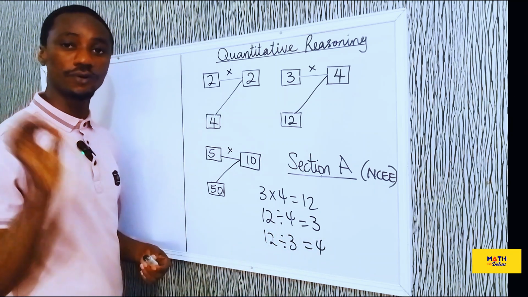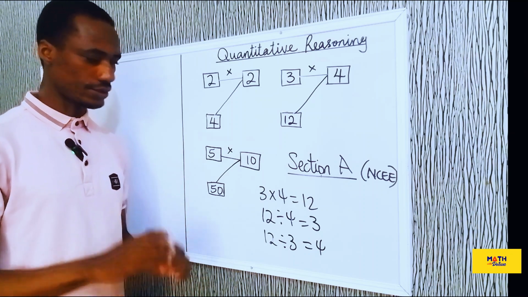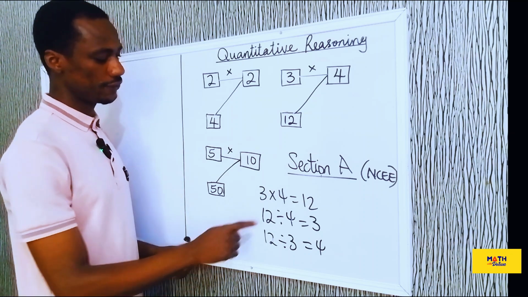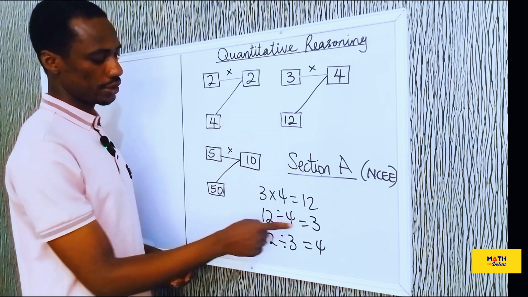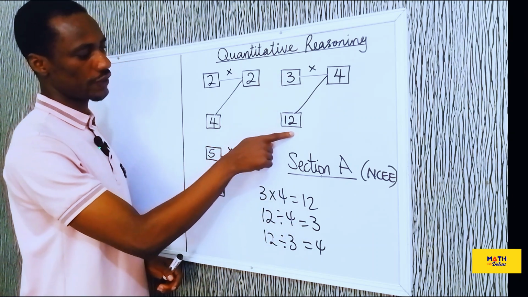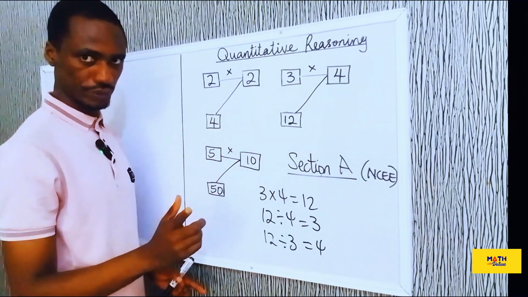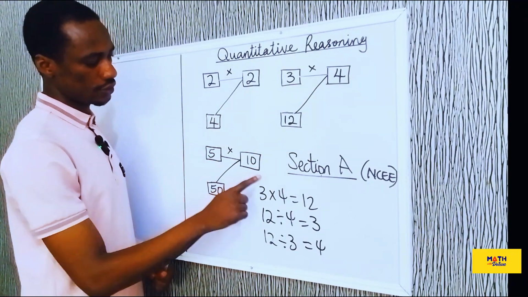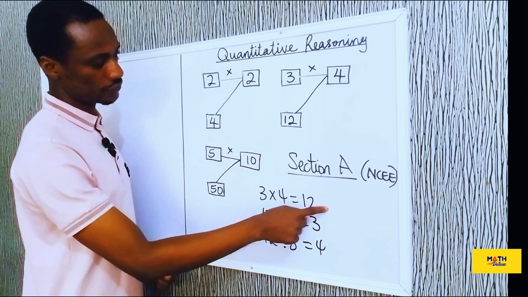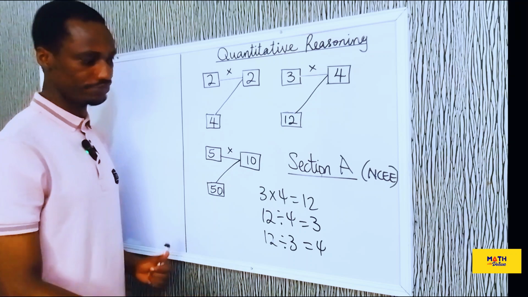So now I have a formula that I can use for each of the pots. If this pot is missing, I'm going to do whatever is there divided by whatever I have here. If the pot of 12 is missing, I'm going to multiply this times this.